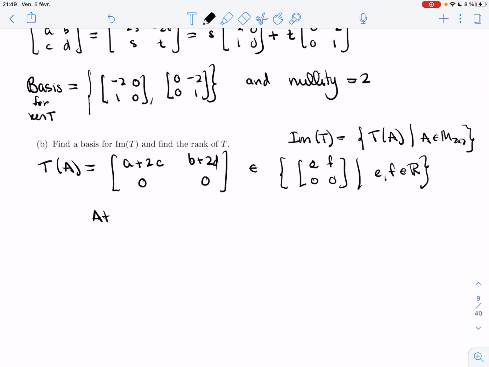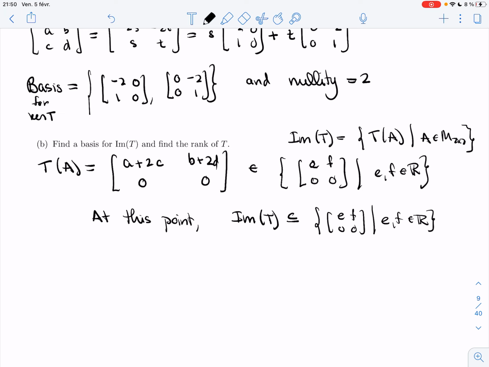I claim that I hit everything in it. So at this point, what I have is that the image of T is inside this set. I need to show that I can hit everything in it.